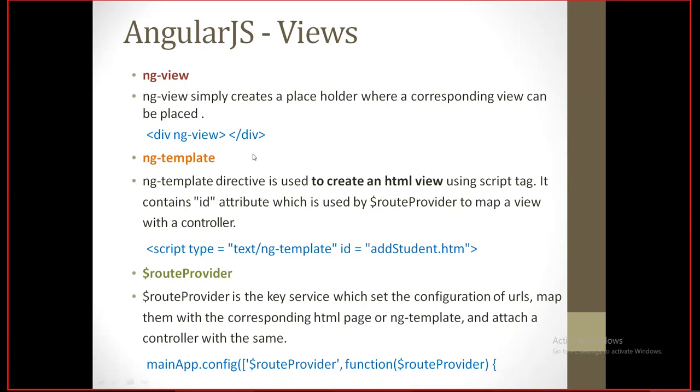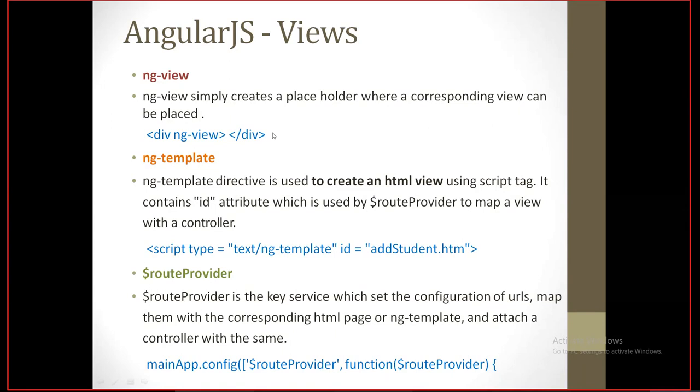Okay, so as you can see, we are creating a division generally for showing any view. We create a division, and for that division tag, we use the attribute ng-view. We use the directive ng-view. Understood? So as you can see, we are simply creating a placeholder. We are simply creating some area on the current page where the corresponding view can be placed, where the content of the demanded page can be placed.